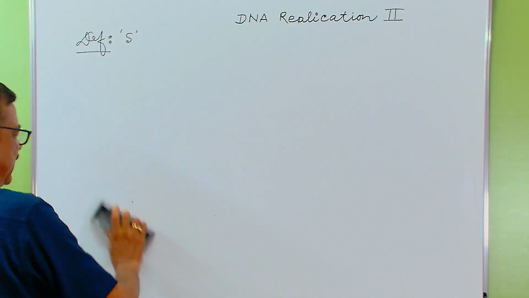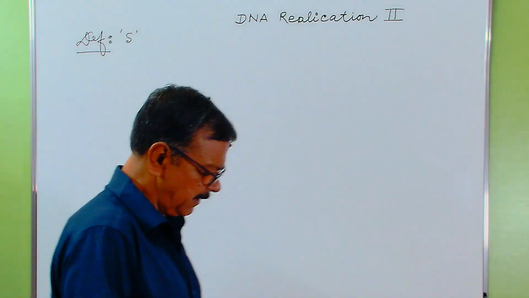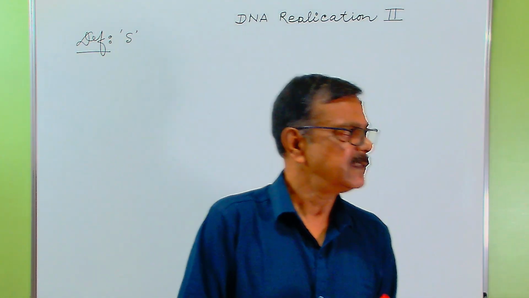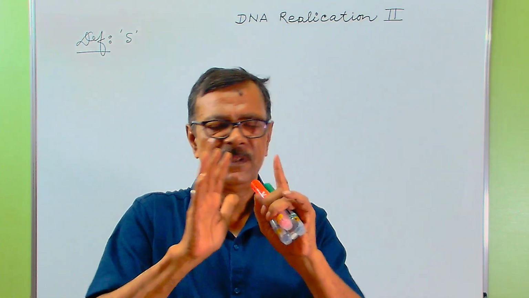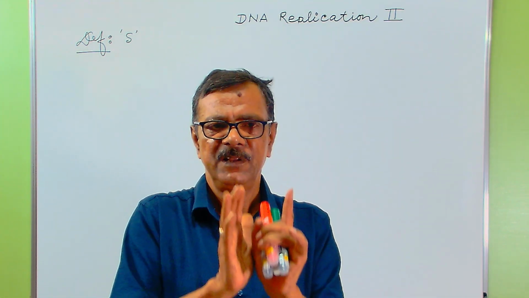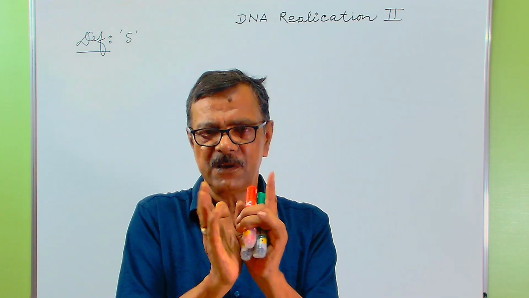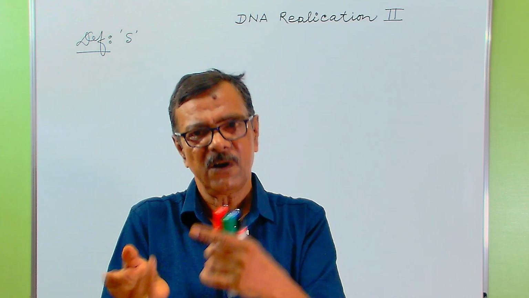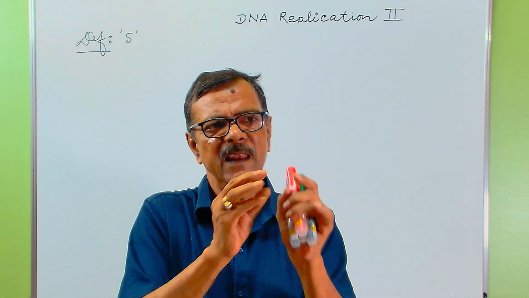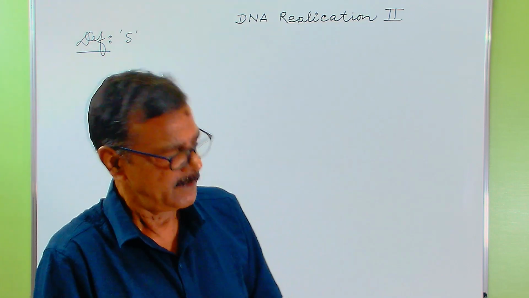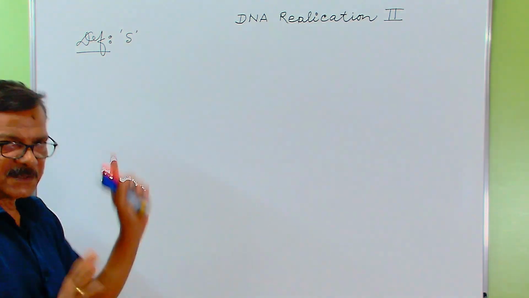So what is the definition? Replication of DNA is a process which occurs within the cell, in the cell cycle, where the cell makes two identical copies of its DNA and transmits its hereditary material. It occurs in the synthesis phase.